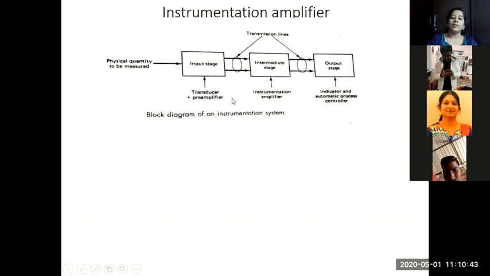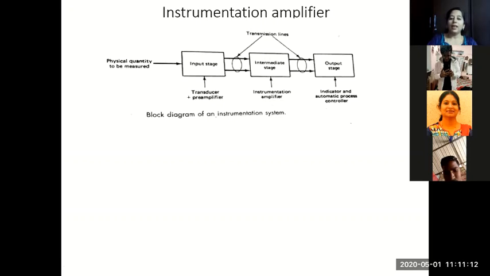Is it clear? So the input stage consists of a transducer which takes in a physical quantity like temperature, pressure, something, converts it to an electrical voltage or current, and it also has a small amplifier, a pre-amplifier, which amplifies that converted voltage or current to a little larger value so that it can be passed on to the next stage.